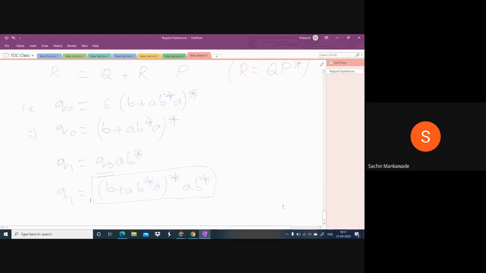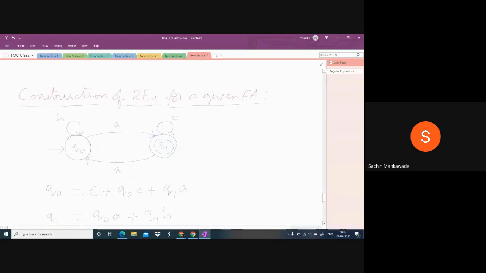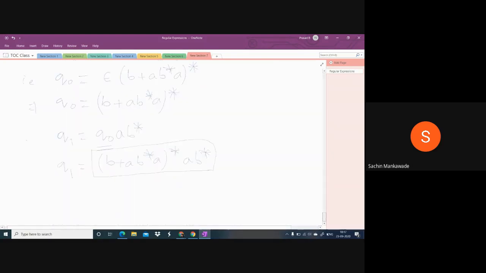Okay, so I'll give you one more question. You just try this one. Here we have only one final state. Suppose there are more than one final states, then find the expression for every final state. Here Q1 is the final state, and we got this expression.